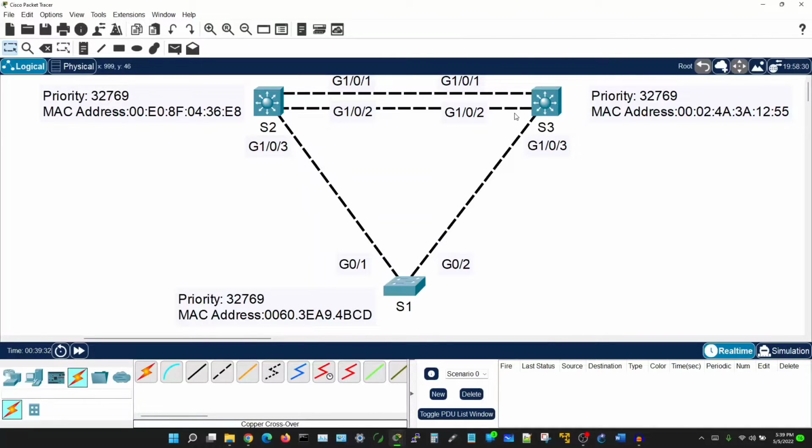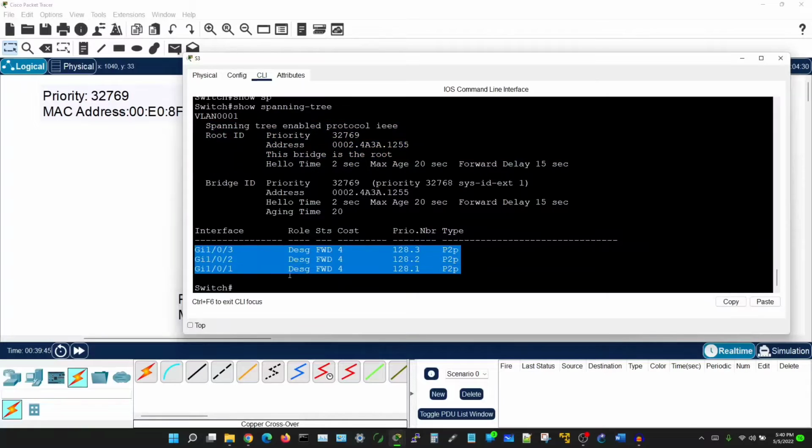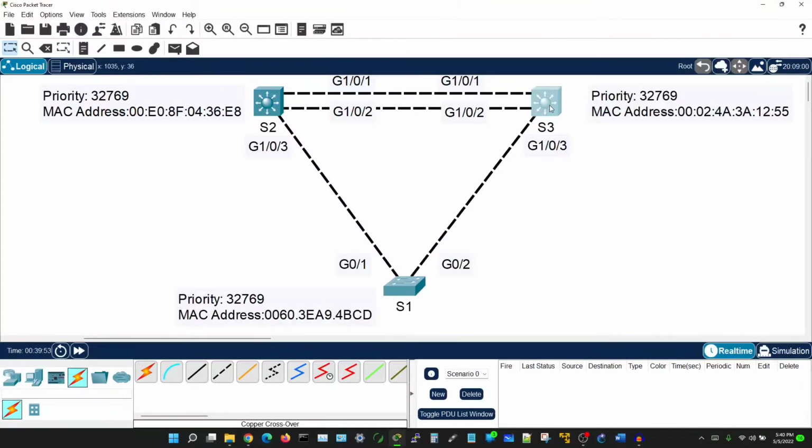Since we need to figure out the root ports after that, first let's confirm that, and there you go. All interfaces are designated ports. Okay, so we got that correct.